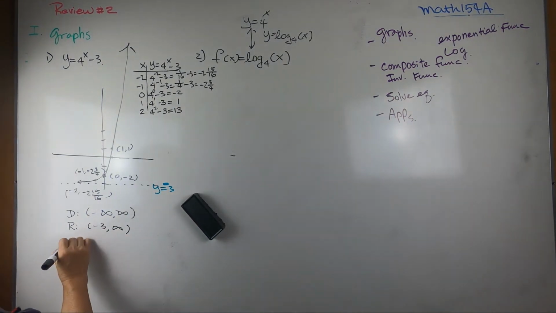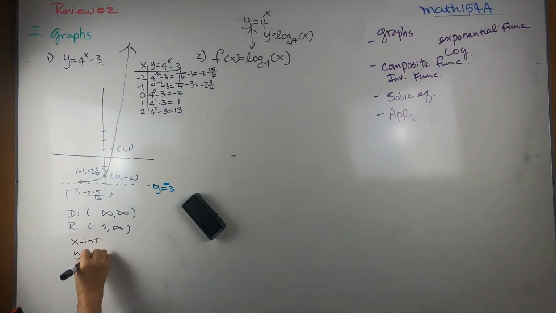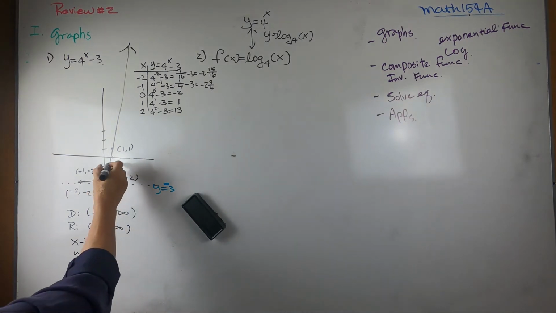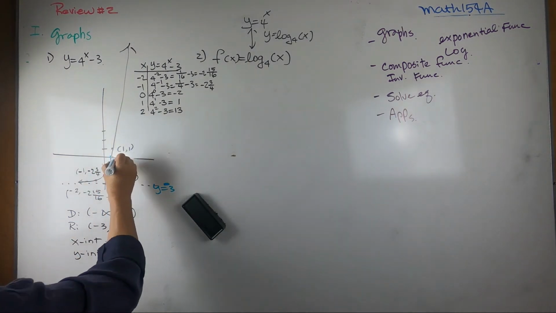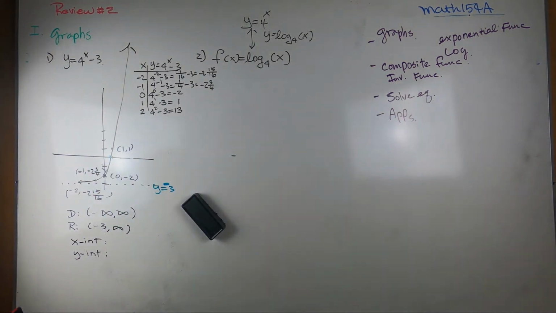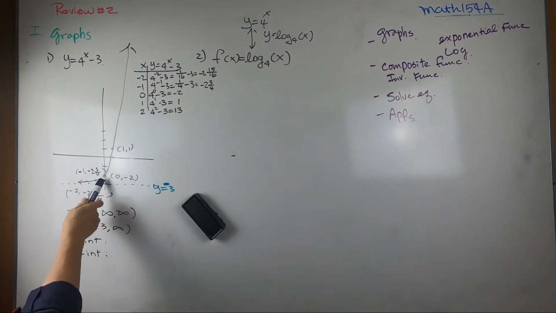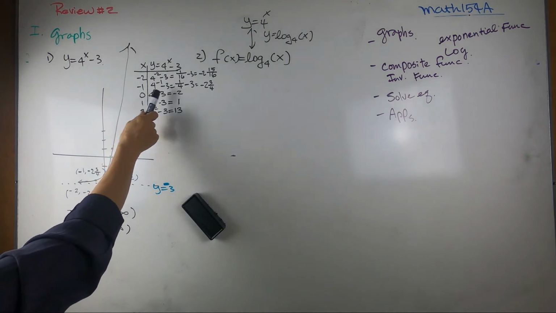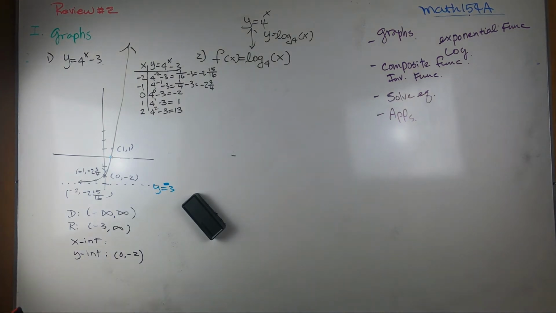We will ask you what's the x-intercept and y-intercept. What do you think? The x-intercept is right here, right? But not 1, not 0, 1. What's your y-intercept? You know the y-intercept is right here. X is 0, y is what? Negative 2.